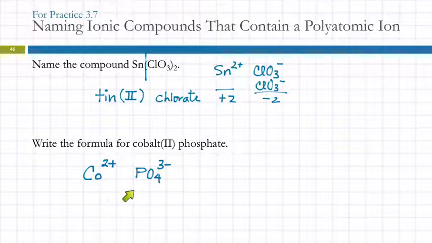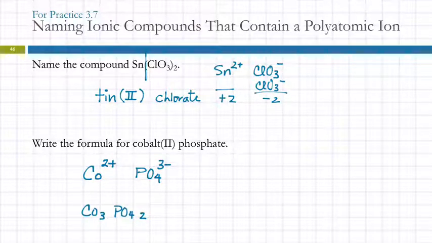So we have to figure out how to put those 2 together. Here we've got +2 and -3. We could do the crisscross thing, right? So Co, subscript 3 from this charge, and then PO4 is going to have a subscript 2.